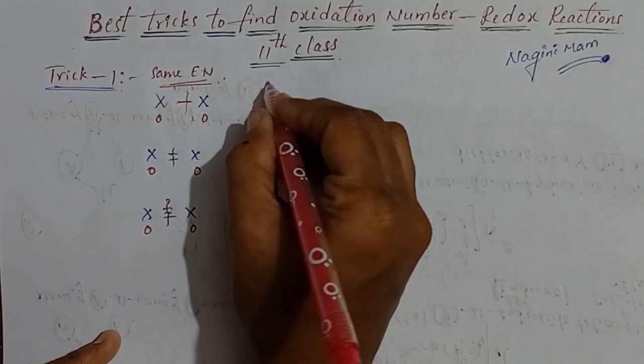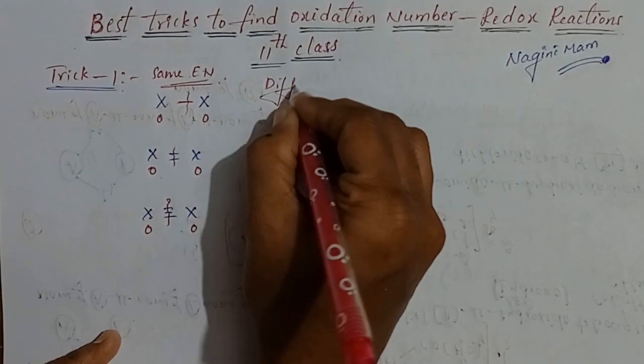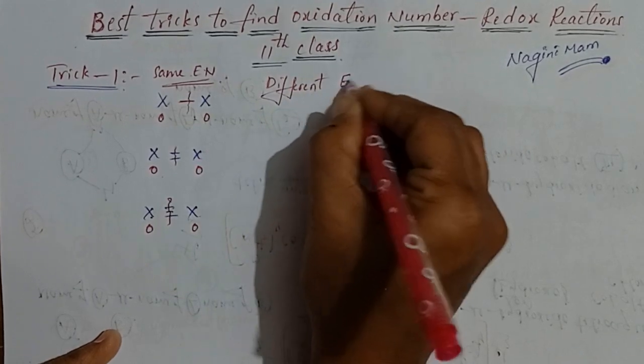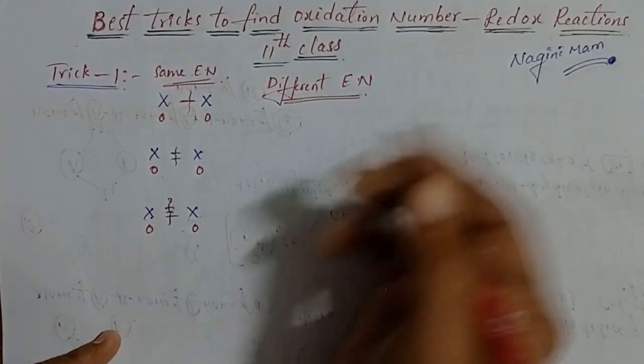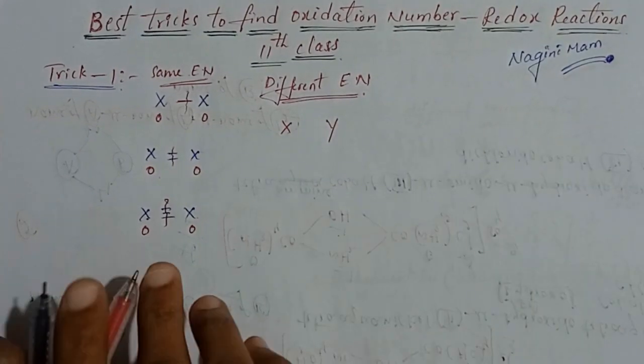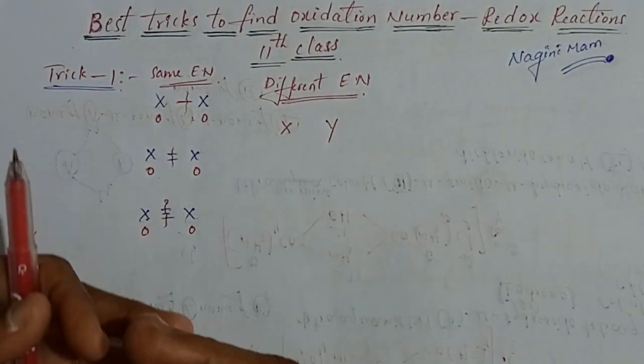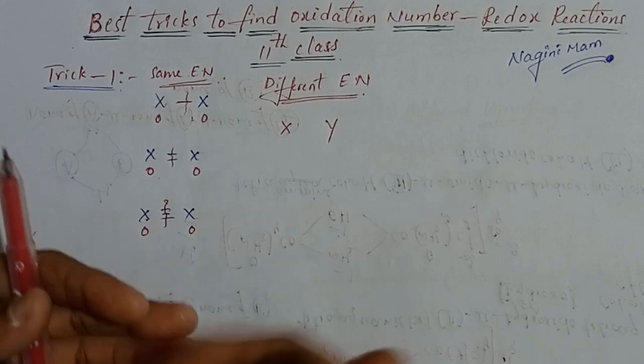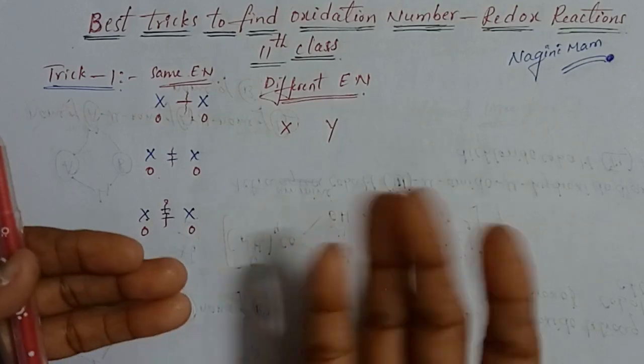Here I am taking different electronegativity values. One is element X, another is element Y. In these two elements, suppose one element has a higher electronegativity value than the other.